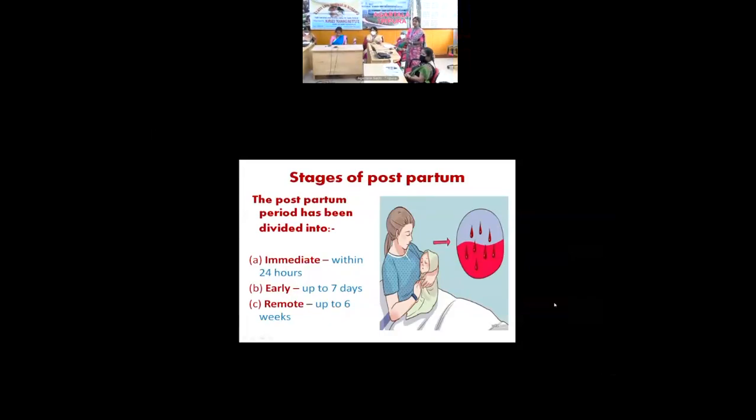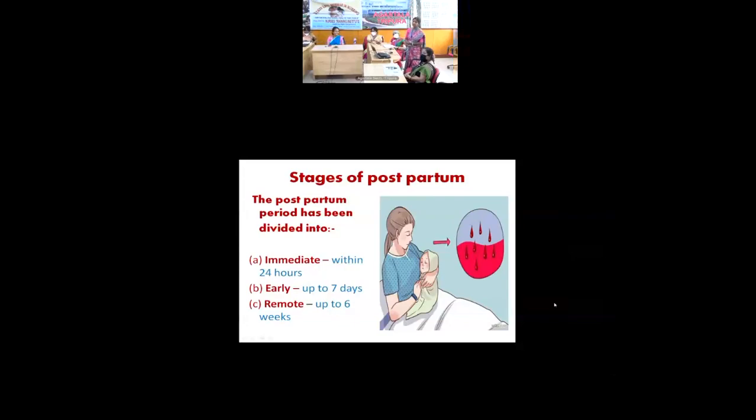Next, the stages of postpartum. If I define the postpartum period, it is from the delivery of the placenta, or after 1 hour of placenta delivery, and up to 45 days; we take it as the postnatal period.